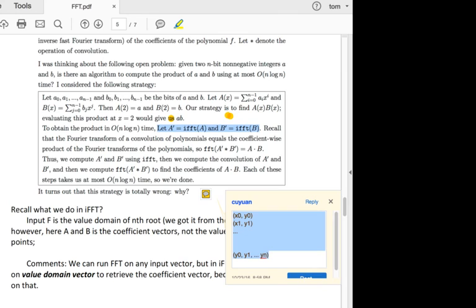Okay, I will talk. For a number like 5, the binary representation of 5 should be 1, 0, 1, that's 4 plus 1.